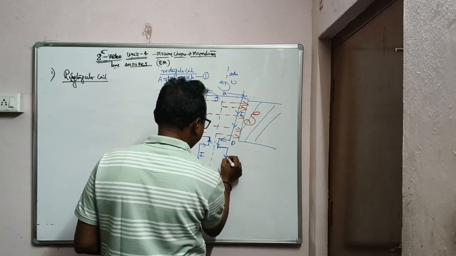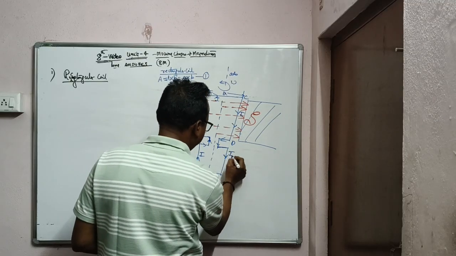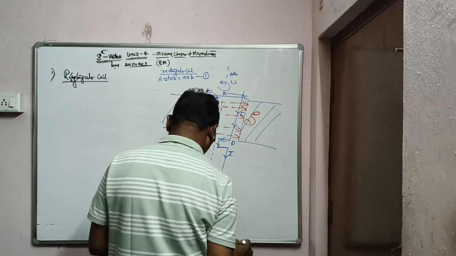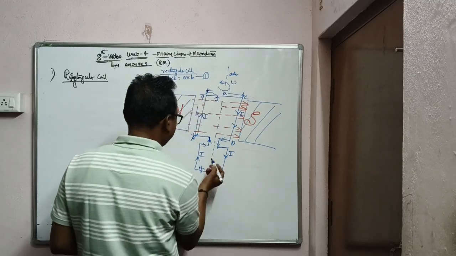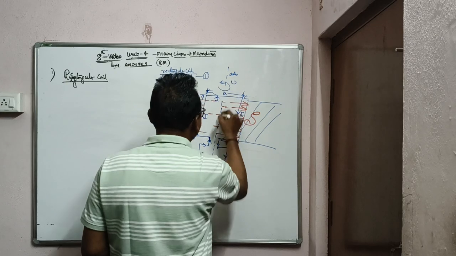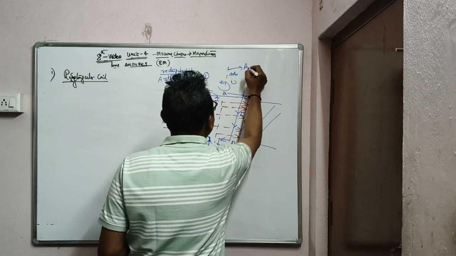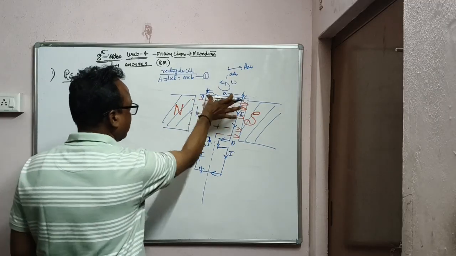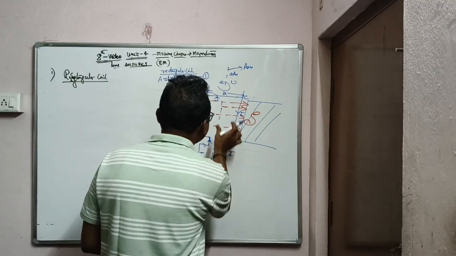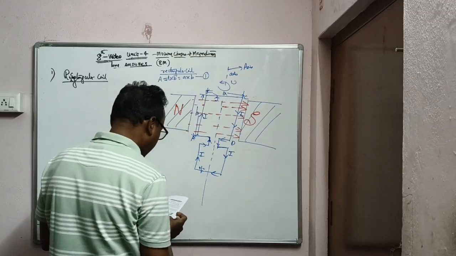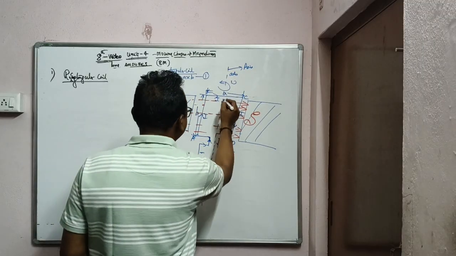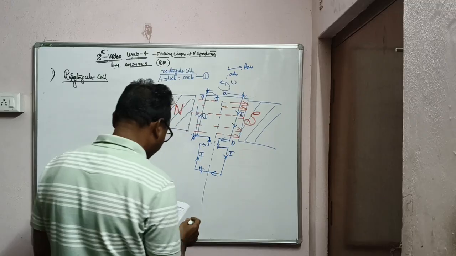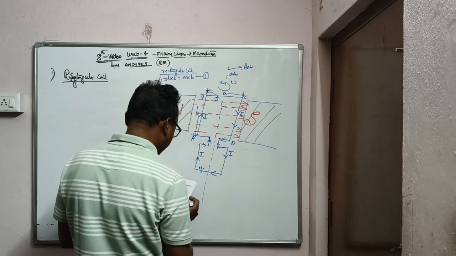So the same current I that goes has to come back. Okay? Right. And this is the axis, the axis of the coil, the rectangular coil, and the area of the coil is length into breadth, small a and small b. Yes, and you can see it is suspended, and here they have also taken small carbon brushes.